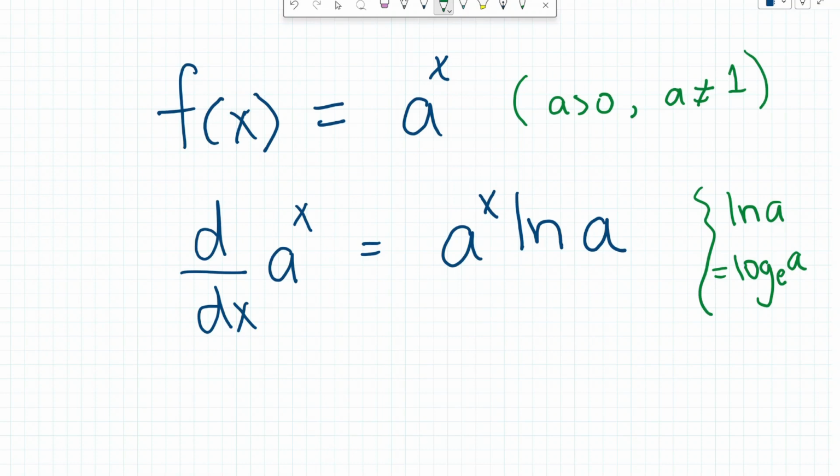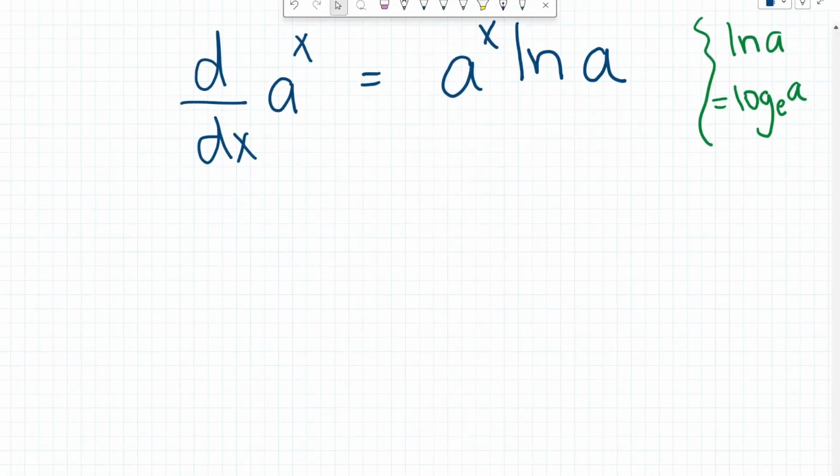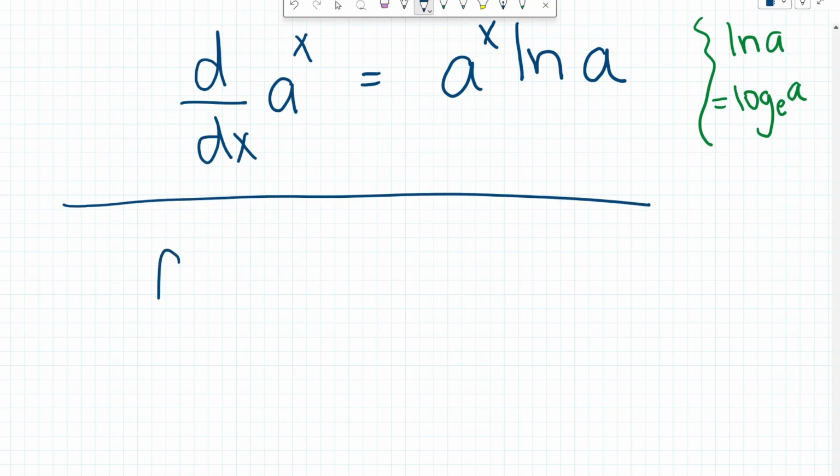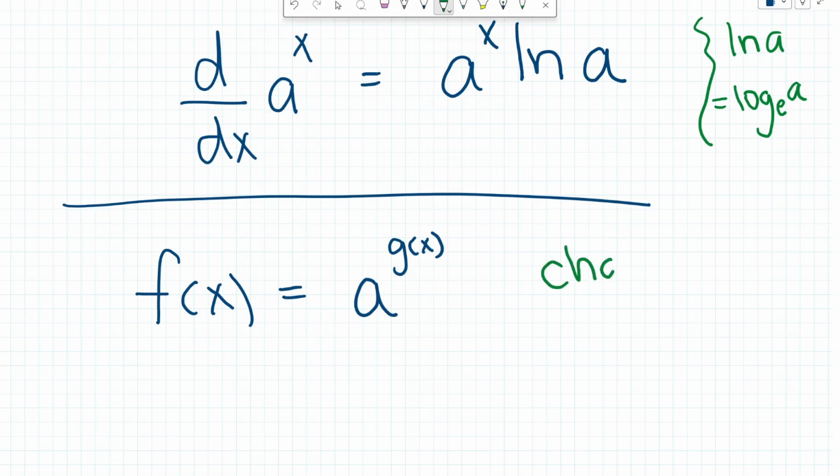Now we also have to look at the more general case where we might have a composite function, where we would have another function in the exponent instead of just x. In that case, our function is f of x equals a to the power of g of x. Again, we're going to apply our magical chain rule, which will help us find the answer.